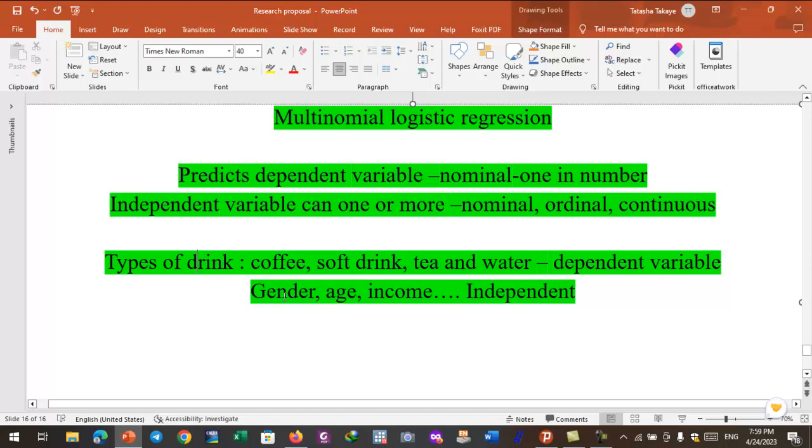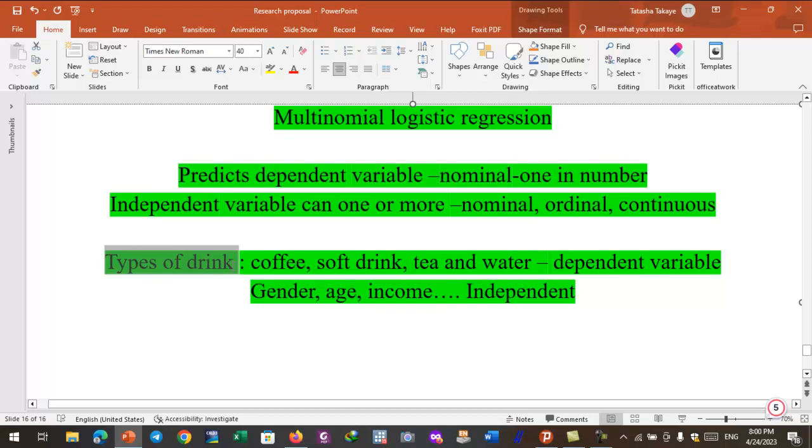Whether gender, age, and income of the respondent can predict the preference of the type of drink.